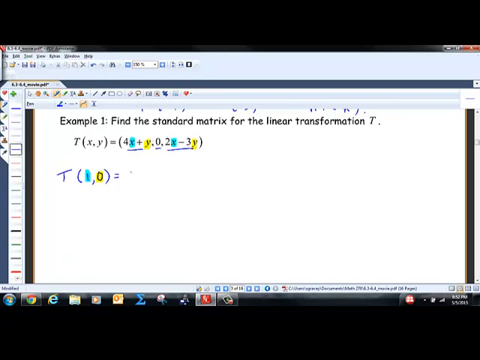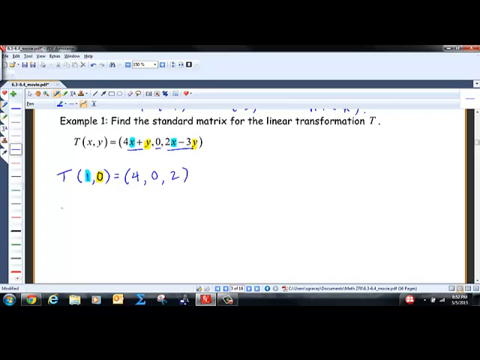We'll do it just as a row vector for right now. So we would end up with 4 in that first spot, and then 0. We always have a 0 in that second spot, and then in the third spot we would just end up with 2. Are we good?